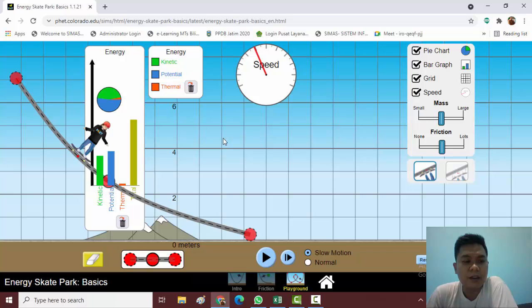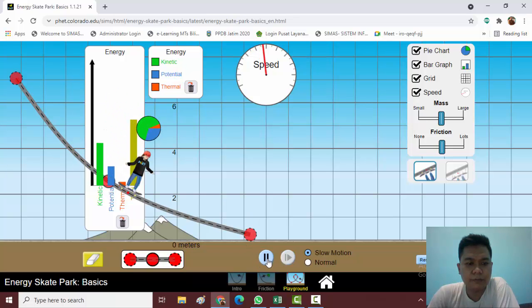But the position is lower, so the potential energy decreases, but the total energy is constant. The energy is constant, but the distribution among kinetic, potential, and thermal energy is different at every point.